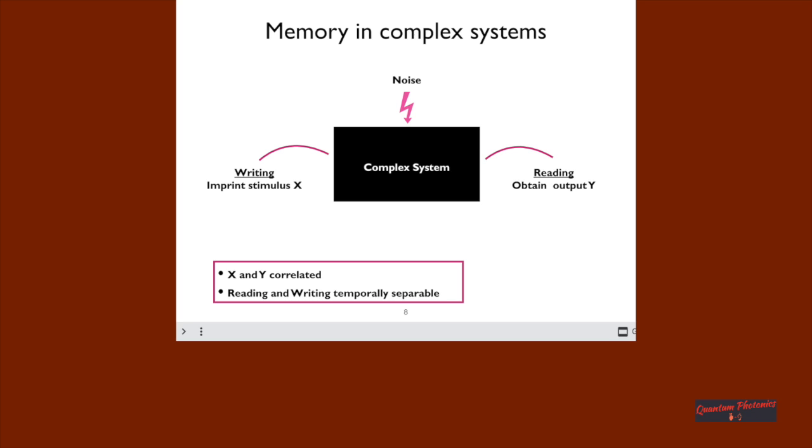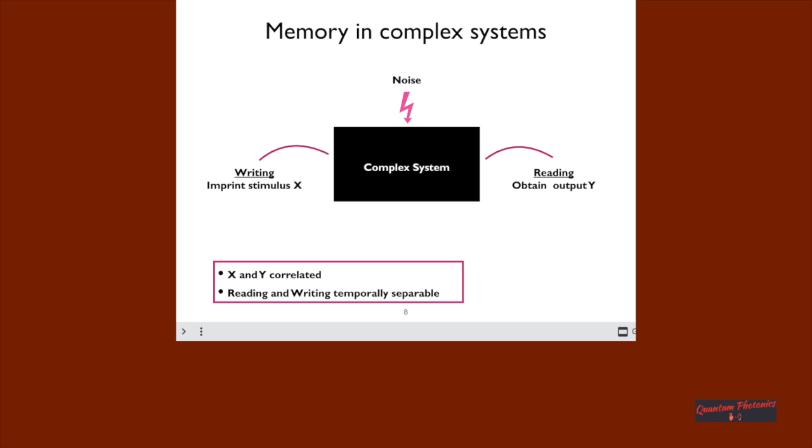And we can consider this information as memorized information only when the output read out from the system is correlated to the information that was actually written into the system.